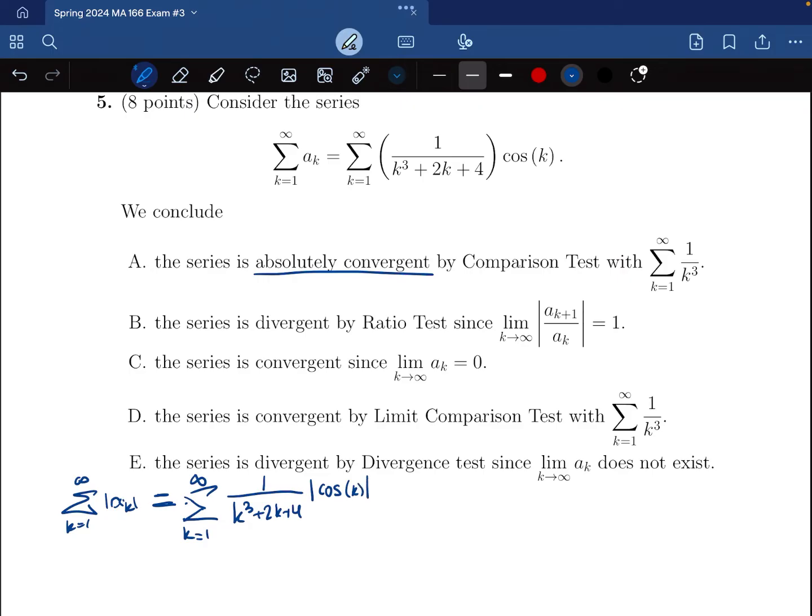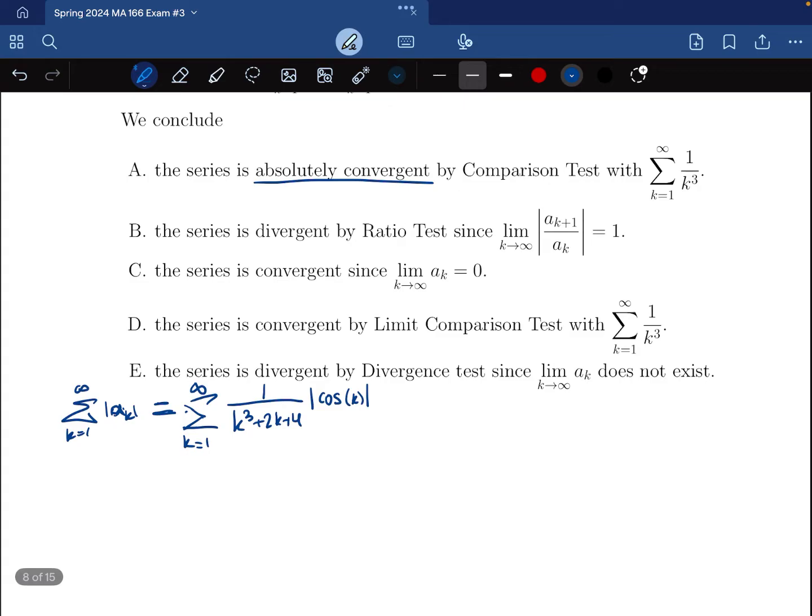Now we have this. The second important part is to determine whether we can use the comparison test to prove that this is convergent.